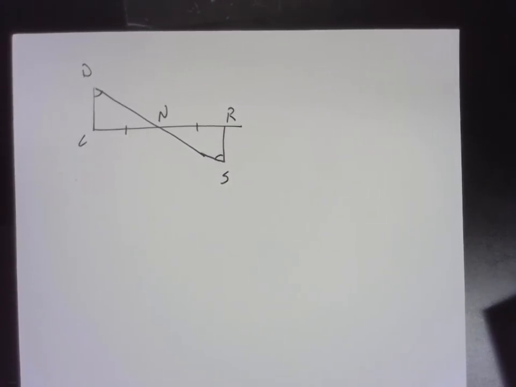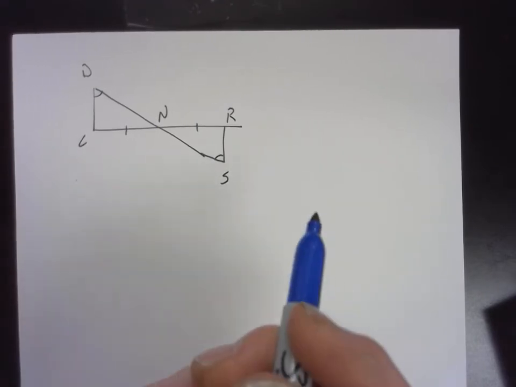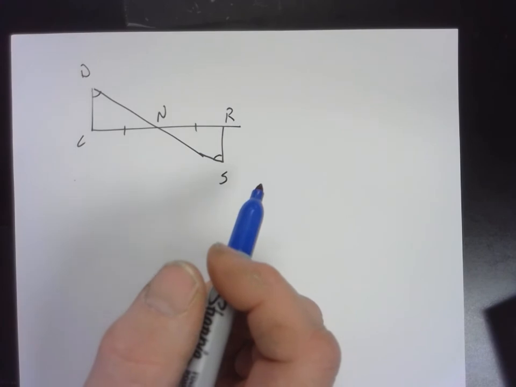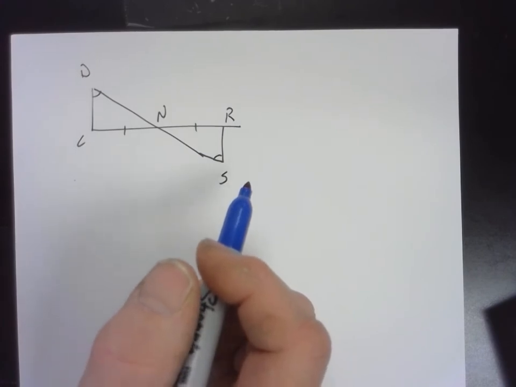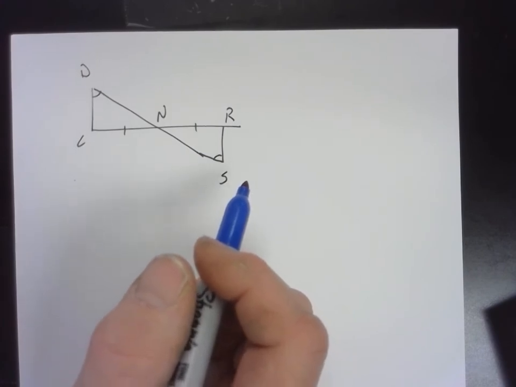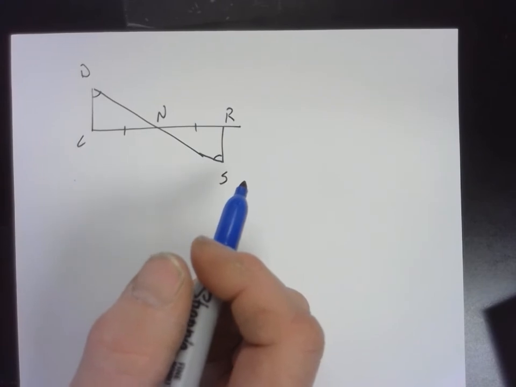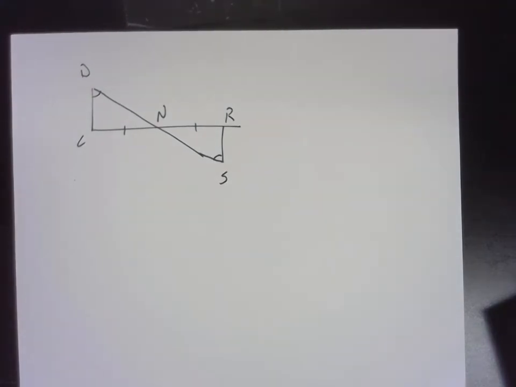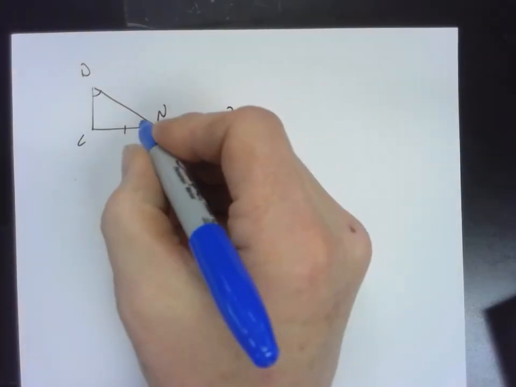Which ones are they? Which two? I'm not hearing the word that I'm thinking of. I see you guys doing this thing. Which two are they? What's the relationship? Oh, that's the word I was looking for. The vertical angles.